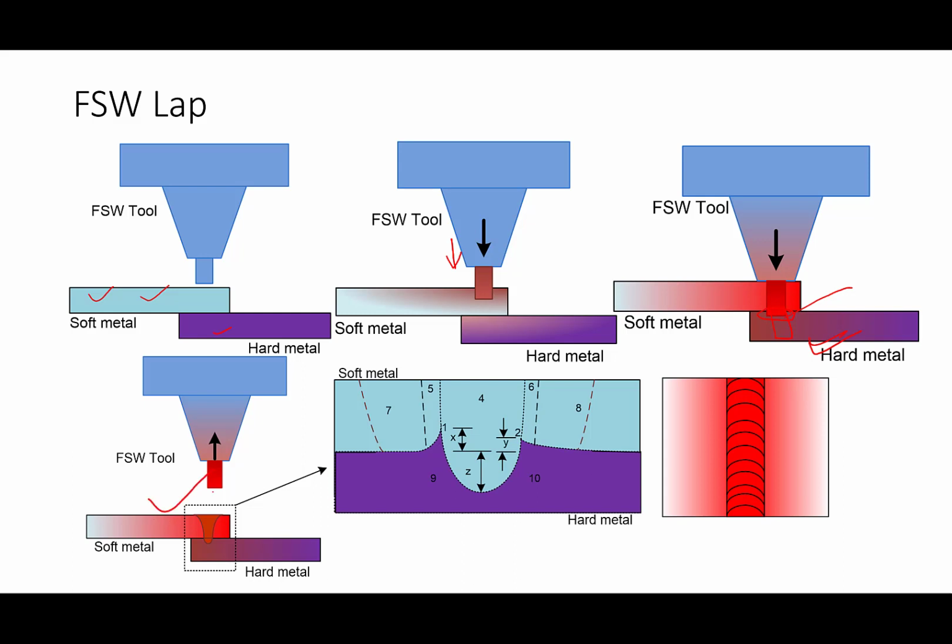And this is the kind of geometry that is developed after making a lap joint. These are the different factors that govern the joint properties. Although there is continuous metallurgical continuity, the length in these cases is governed by the interface.